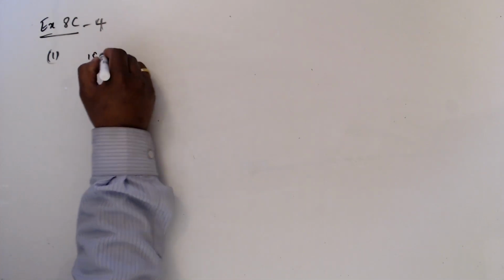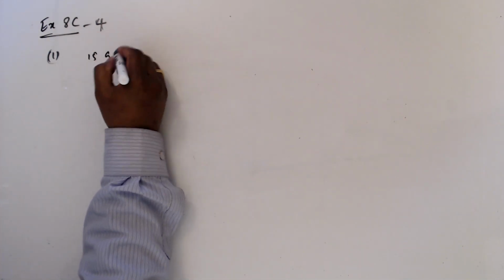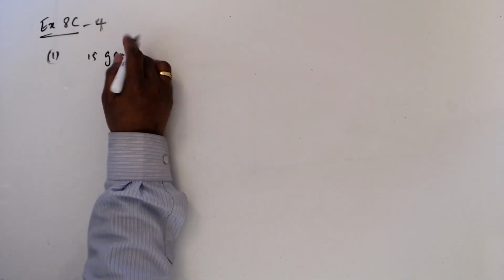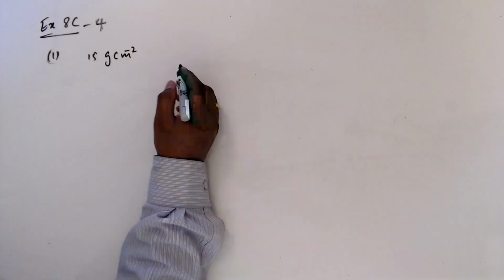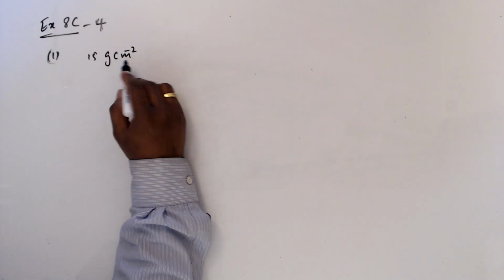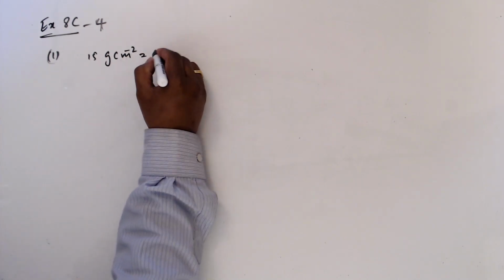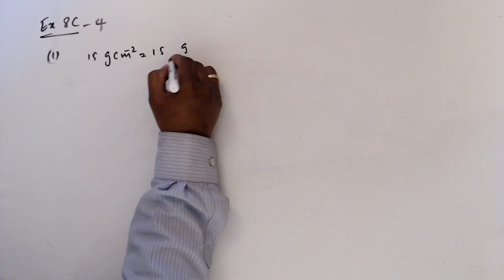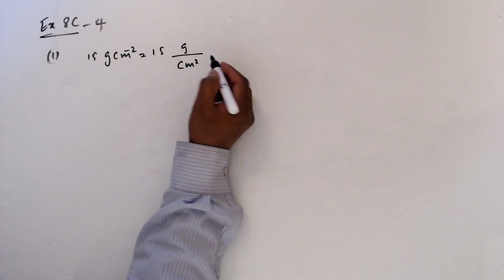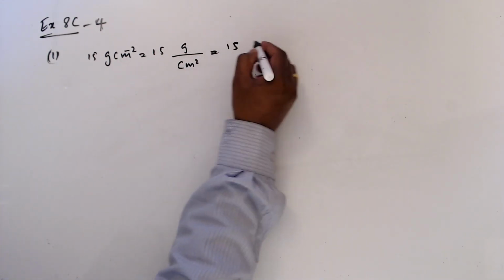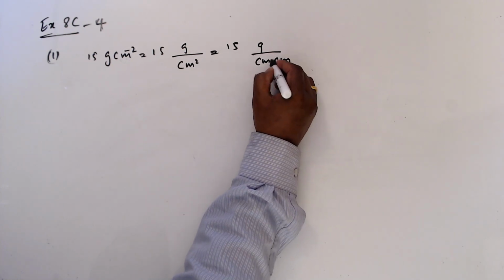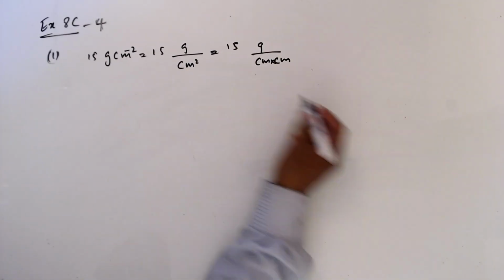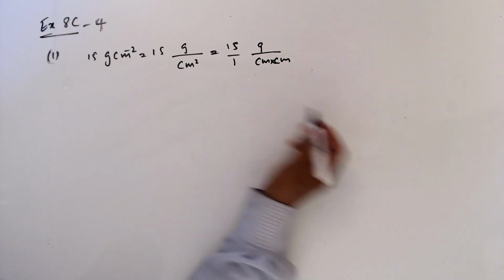Part B is 15 gram per square centimeter. So 15 g cm to the power minus 2, that is 15 g over cm squared. So 15 over 1.